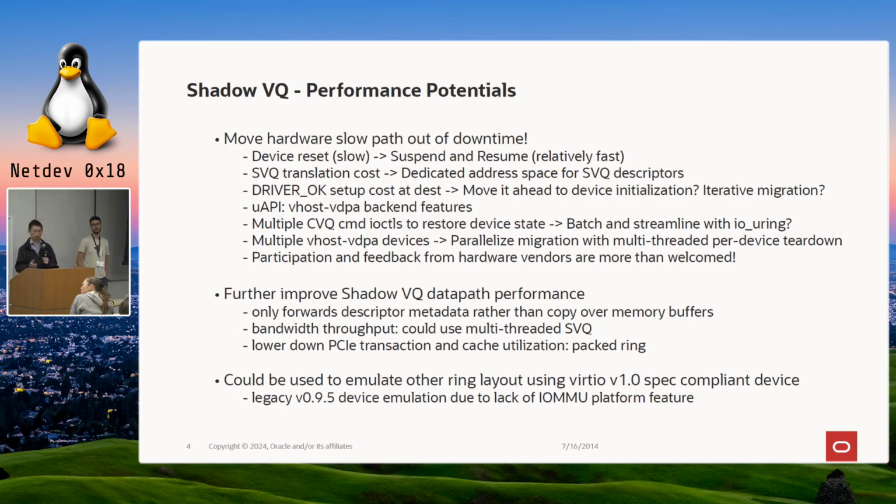And the other thing is the destination. There's a sort of latency because the driver really needs to bring up the data plane, so that will involve a lot of hardware slow path.